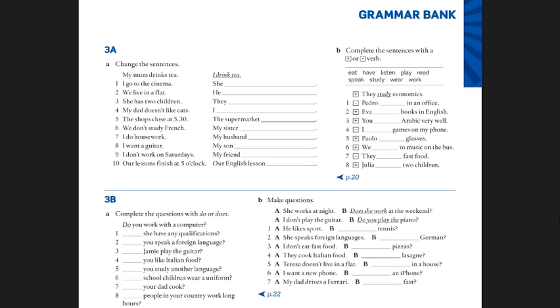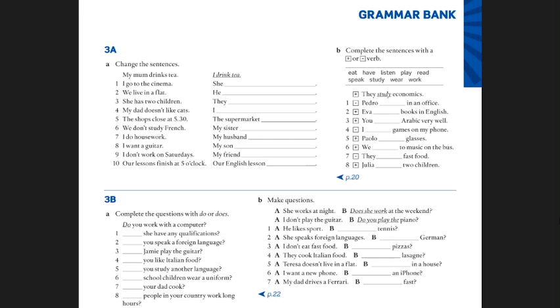Pronunciation. Here you are going to practice the different sounds for the ending in the third person singular, okay? So for example, you have the s ending, the z ending, and the iz ending, okay? She speaks Spanish. He drinks coffee.